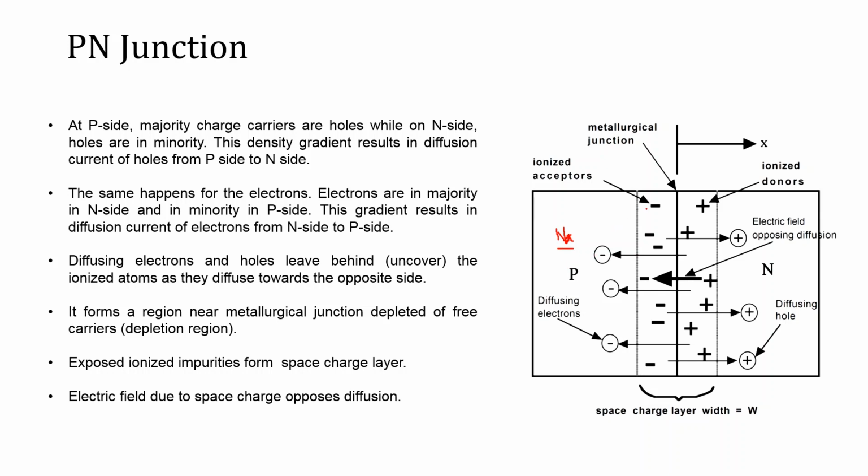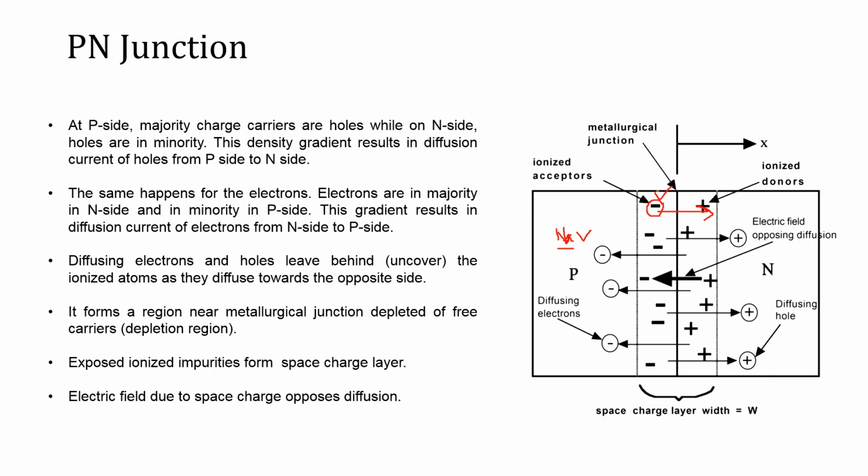Now near the junction, these holes move from p side to n side, so each hole will leave behind one negative charge. So if Na was the density of holes, Na will be the density of the negative charges produced by the movement of holes from p to n side.